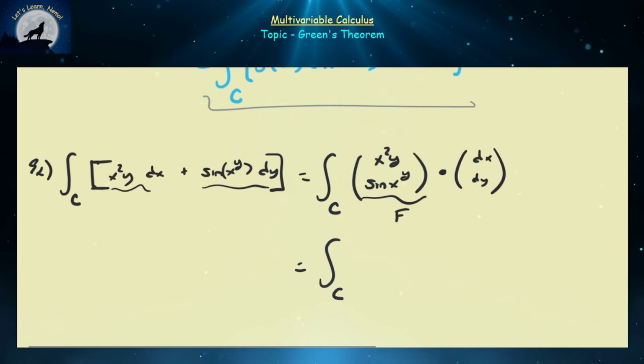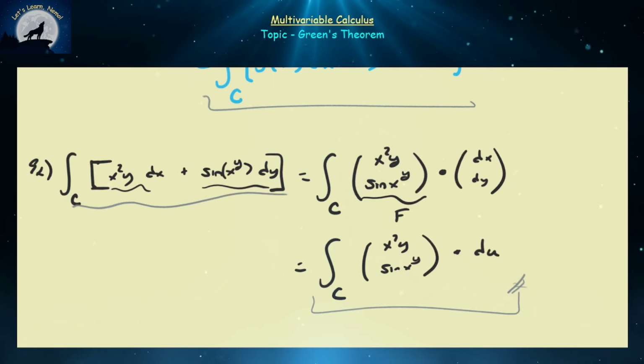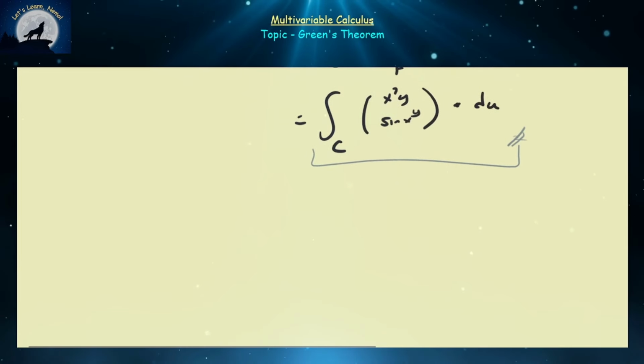So we can write this equivalently as the integral of (x squared y, sine of x to the power of y) times, let's say, du, where u is the parametrization of the path. And then you would integrate this using whatever methods you have up to this point, right? But if you ever see something strange like that, you can always write it in this equivalent form. Just saying.